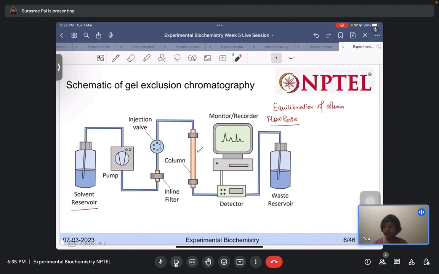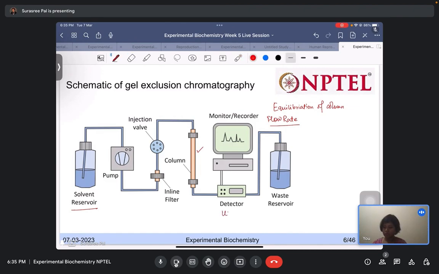Now there is an injection valve also, where you can inject your sample. So you can inject your protein sample in this injection valve, and that will be taken to the column, and then whatever comes out from the column goes through a detector. This detector is usually a UV absorbance detector.